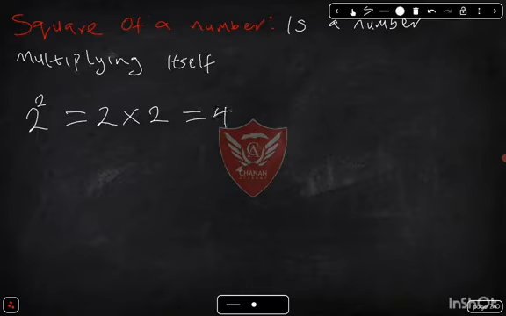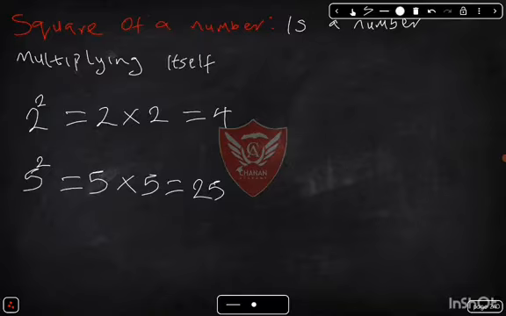So if you say the square of 5, it is the same thing as 5 raised to the power of 2, which is equal to 5 multiplied by 5, and the result is 25. So that is the square of a number. Any number you say the square of is always raised to the power of 2.